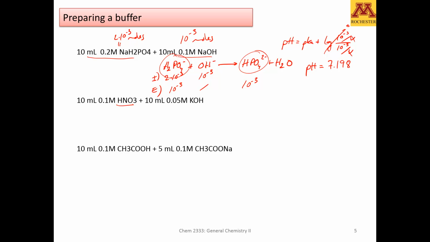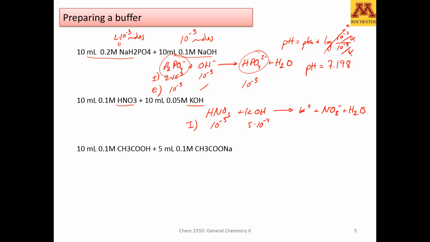In this case, we're mixing nitric acid and potassium hydroxide. Nitric acid and potassium hydroxide just give potassium, nitrate, and water. This is 10 to the negative 3, and this is 5 times 10 to the negative 4 moles.